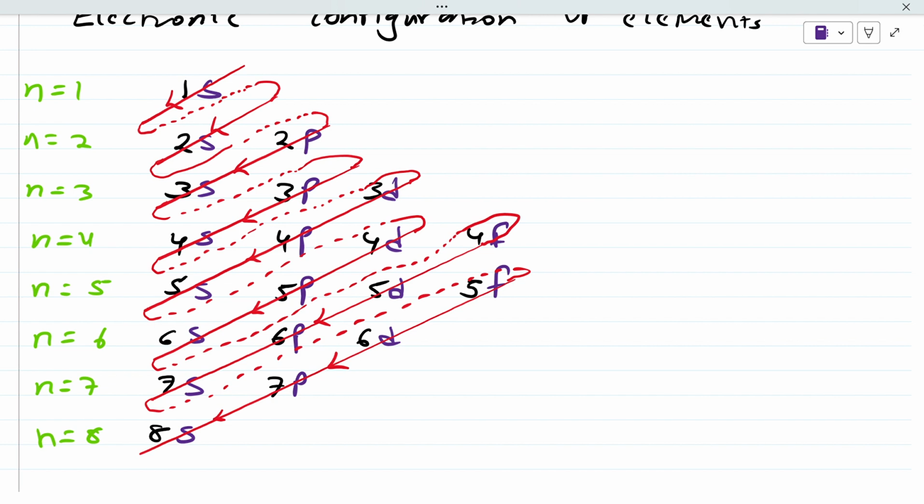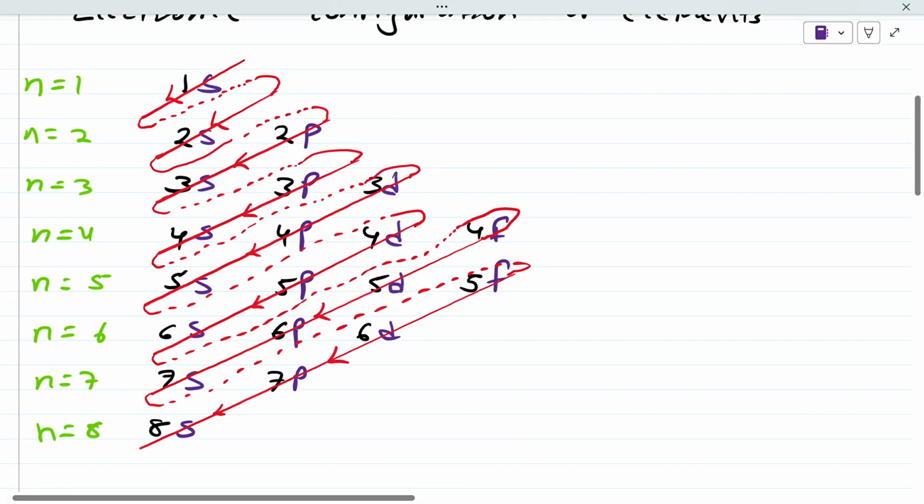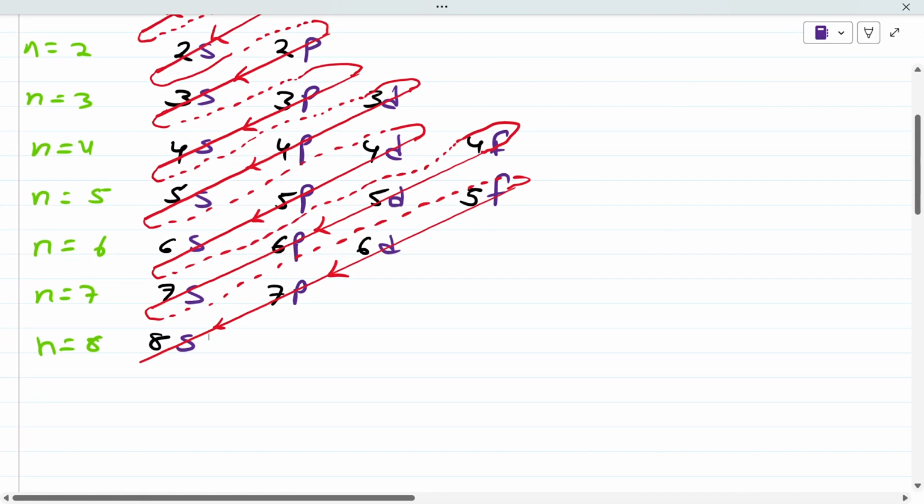Now from the Aufbau principle, we know very well that when I want to write the electronic configuration of any given element, I will always start with 1s.